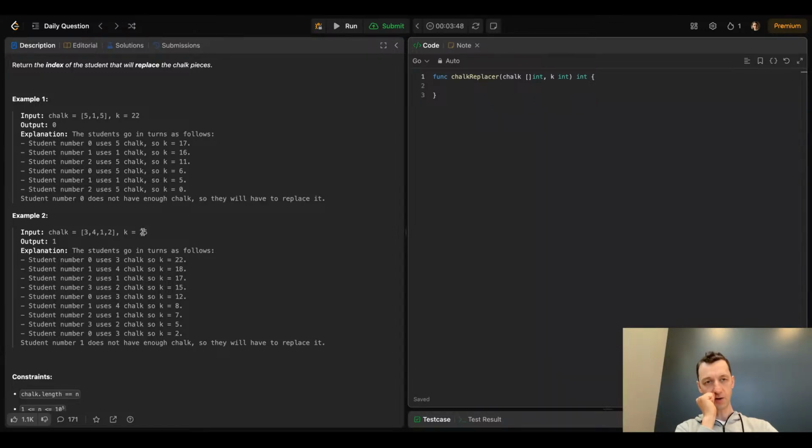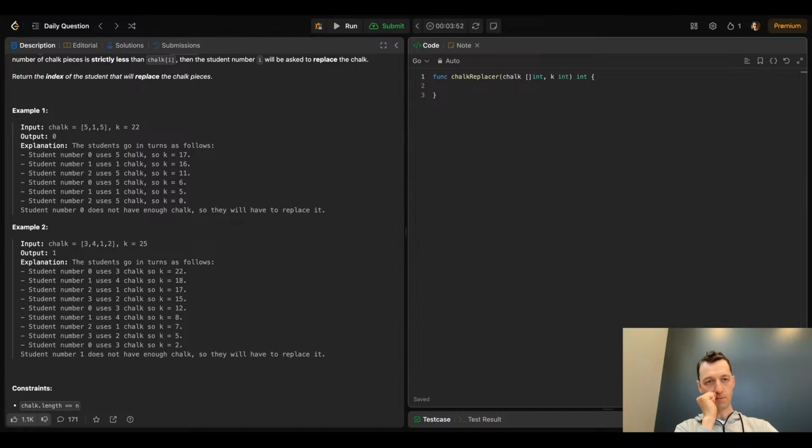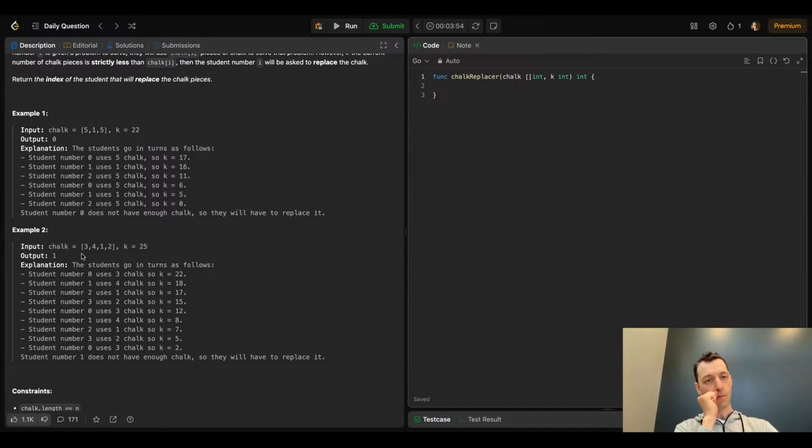Okay, example 2. 25 pieces of chalk. Number 0 uses 3, then number 1 uses 4, and so on.